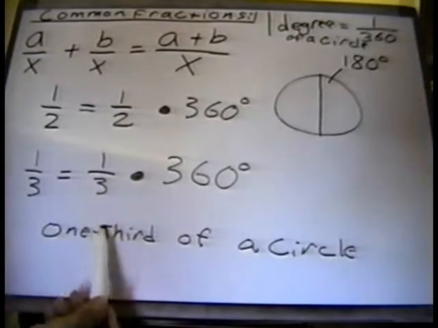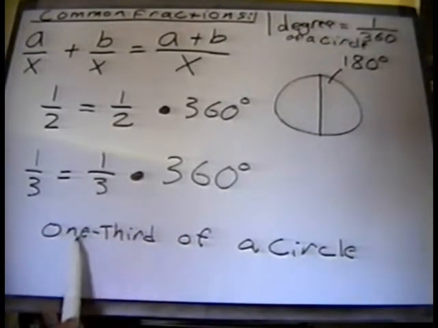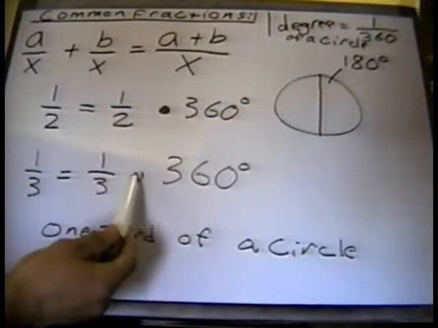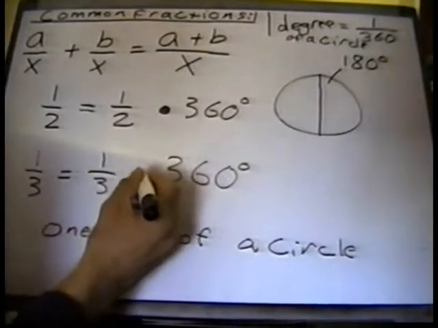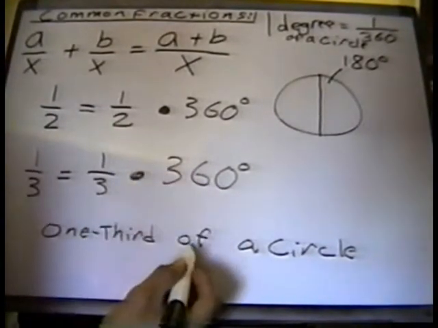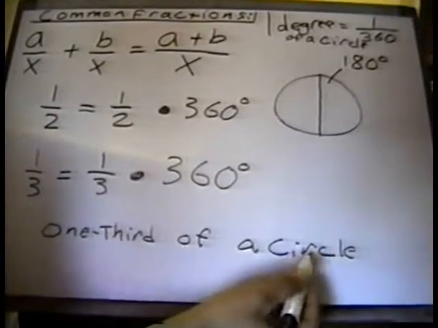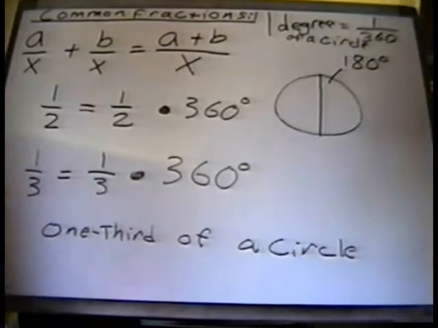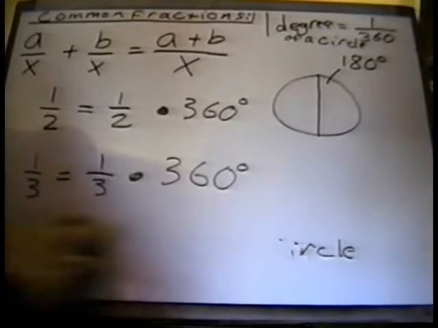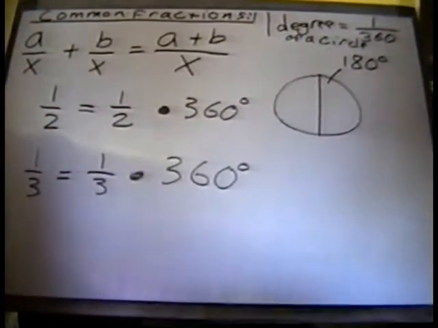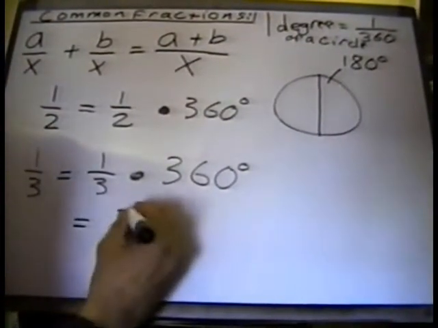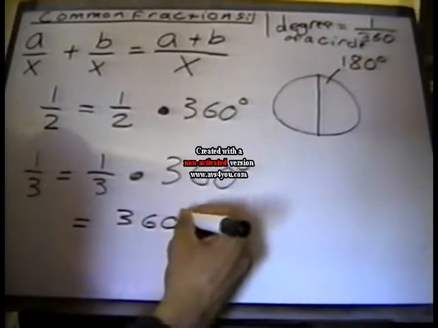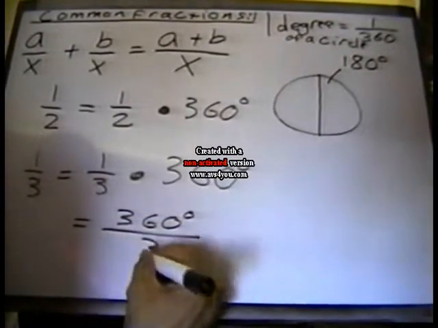That's what this 1/3 is represented by. Our multiplication sign, our dot symbol, is of, and the circle is 360 degrees. That's 1/3 of a circle. And you get 360 degrees divided by 3.